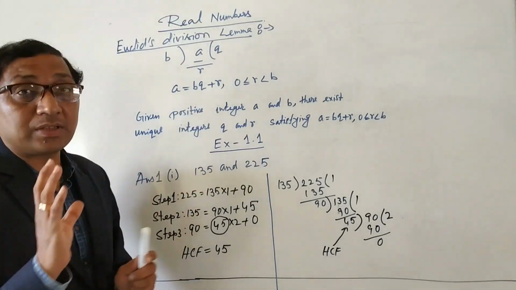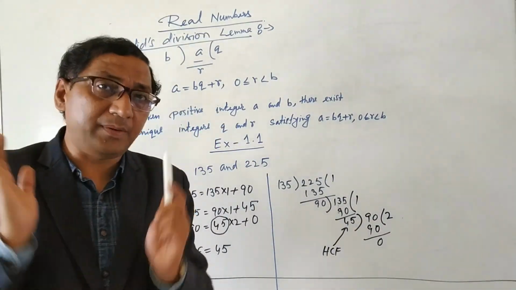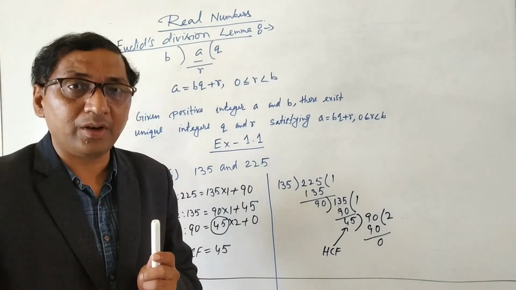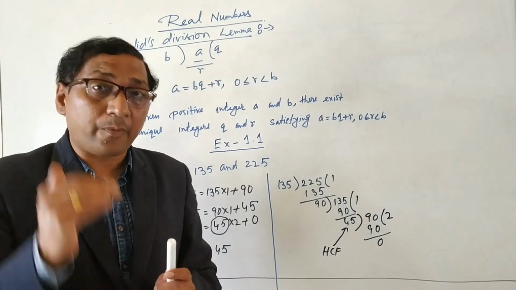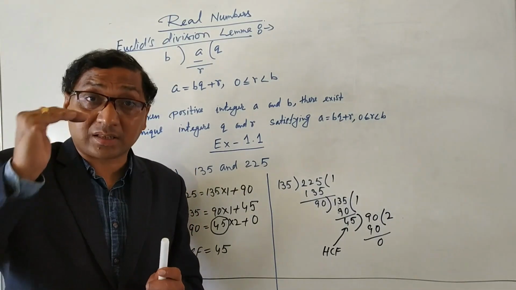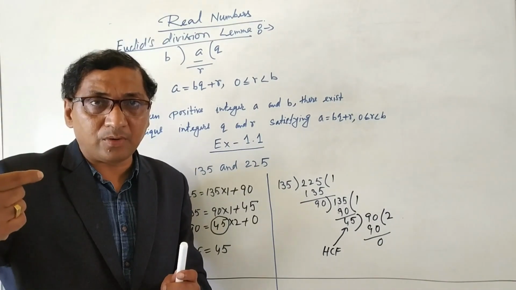So you have to consider b, because if a is any positive integer, we can divide a by any number. We can divide by 4, by 3, by 5, by 6. When you divide a by 6, then we get the form 6q. r will be different. r will start from 0, 1, 2, 3.